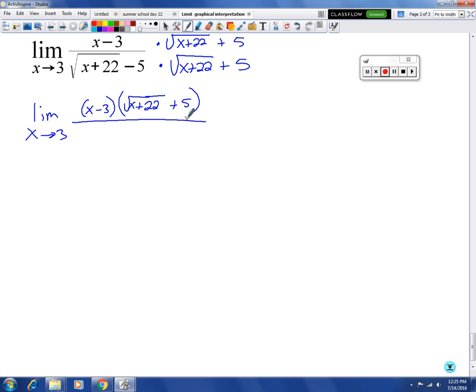Alright, let's do the denominator. This times this, that'll be x plus 22. This times the plus 5, and again, you wouldn't have to write it out because you're going to realize that those are going to cancel out, but I'll write it out.